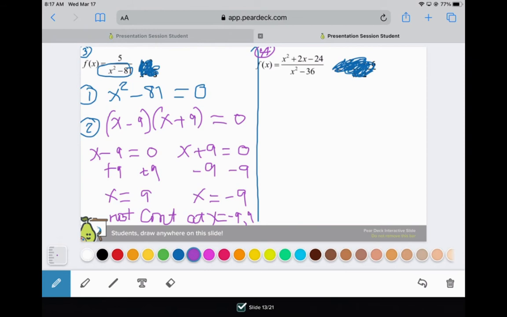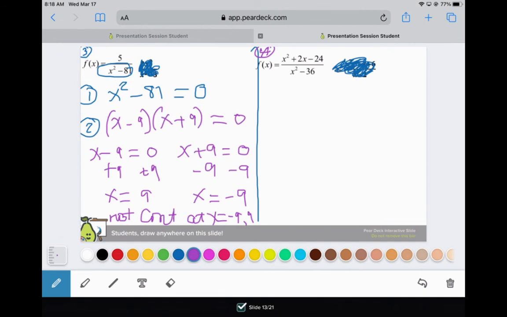I have two quadratic functions, x squared plus 2x minus 24, and then x squared minus 36. Which one will I use to figure out the continuity? Do I use the one on the top or the one on the bottom?